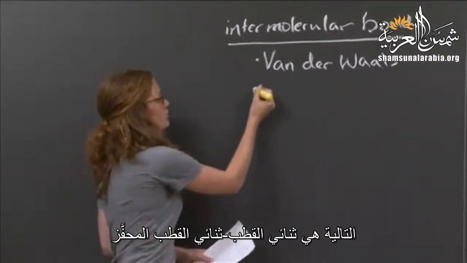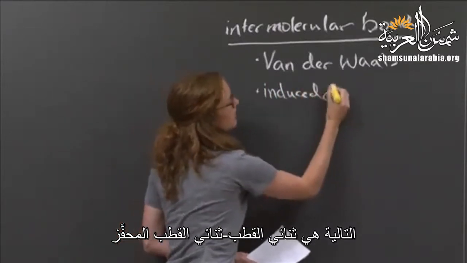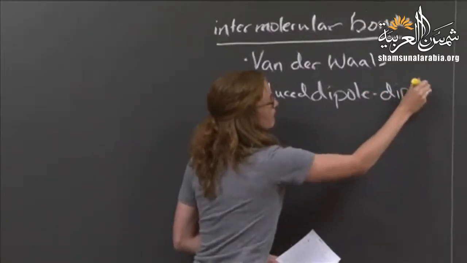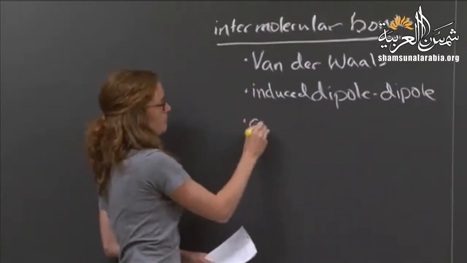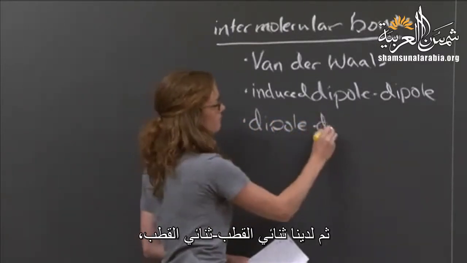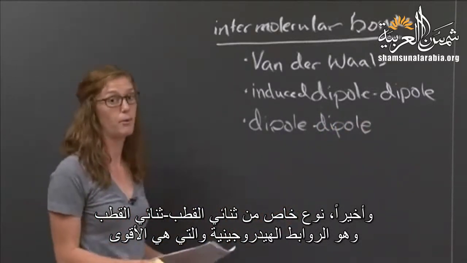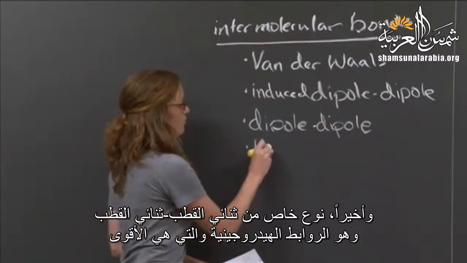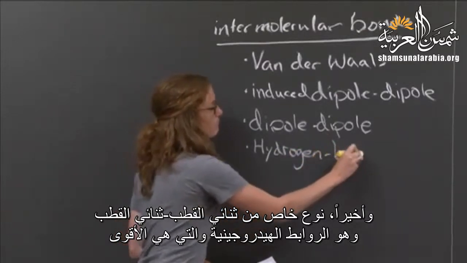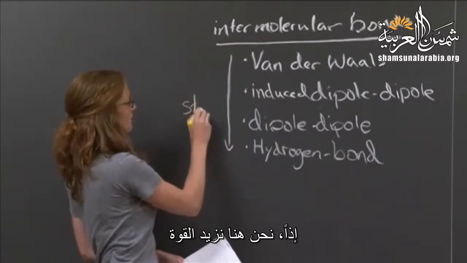The next is induced dipole. Next we have dipole. And finally, a special type of dipole is the hydrogen bond, which is the strongest. So here we're increasing strength.